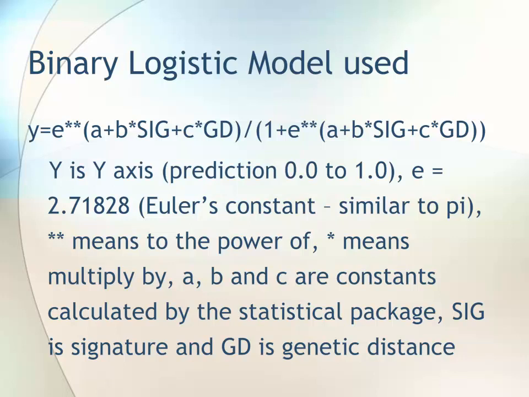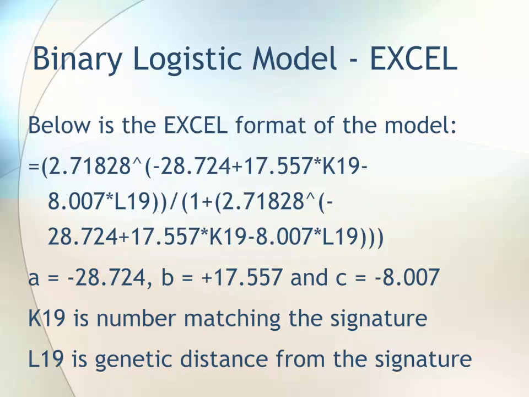So it's the exponential is what that means. Asterisk just means multiply. And then the constants A, B, and C are the constants generated by the model in the statistical package. And then sig is the signature, and G is the distance, which you have to calculate through macros. This is showing how well this ports to Excel.